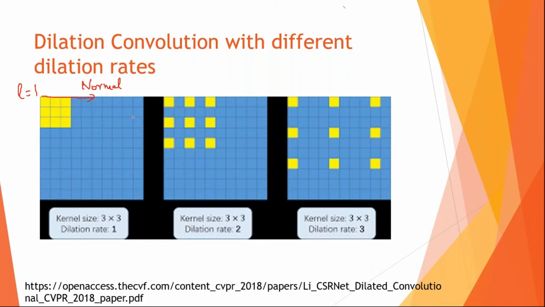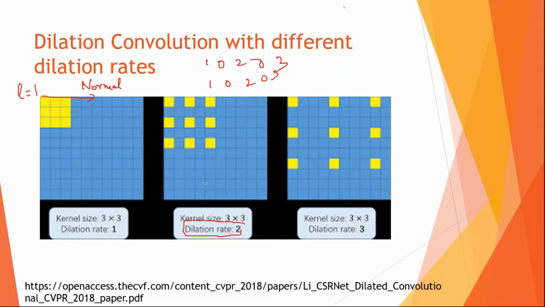Now this is a dilation convolution with a dilation rate of 2, which means you can see the kernel is spread out. What we have done is introduce zeros in between those coefficients. So earlier, if it was like 1, 2, 3, we introduced zeros in between. Now the connectivity remains the same, but you have extra redundant values. It doesn't matter. All you are looking for here is a bigger receptive field, which means you have more information.